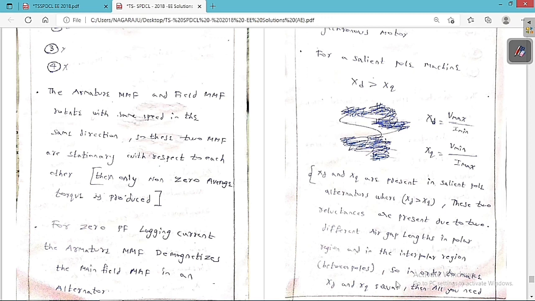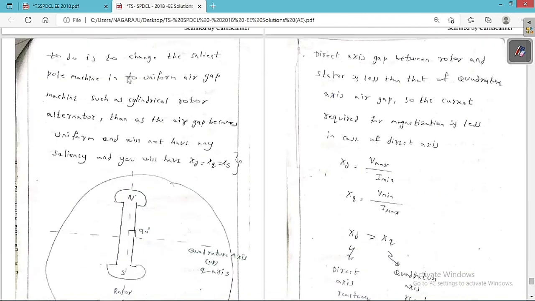To make XD and XQ equal, all you have to do is make the machine a uniform air gap machine, meaning a cylindrical rotor. Then the air gap becomes uniform, there is no saliency, and you will always have XD equal to XQ equal to XS.